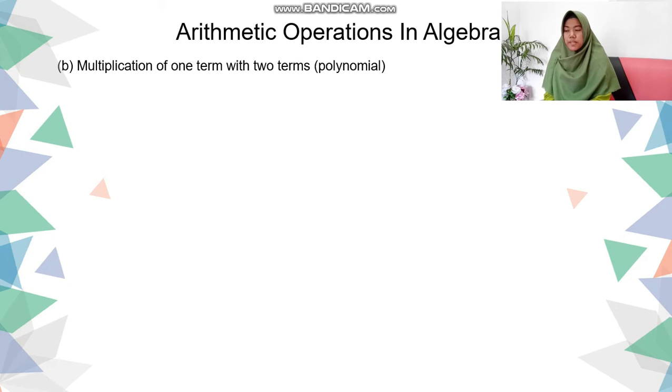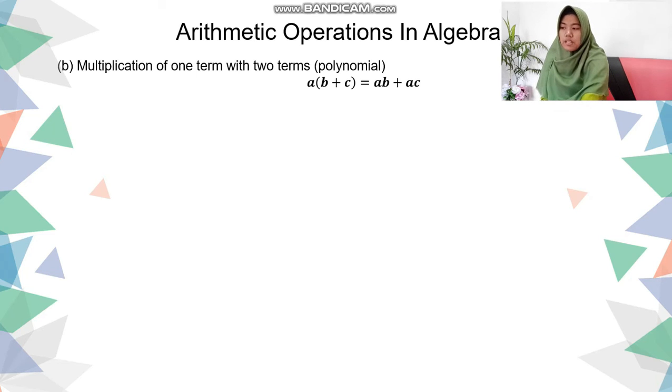B. Multiplication of one term with two terms or a polynomial. The general formula is a times (b plus c) is equal to ab plus ac.